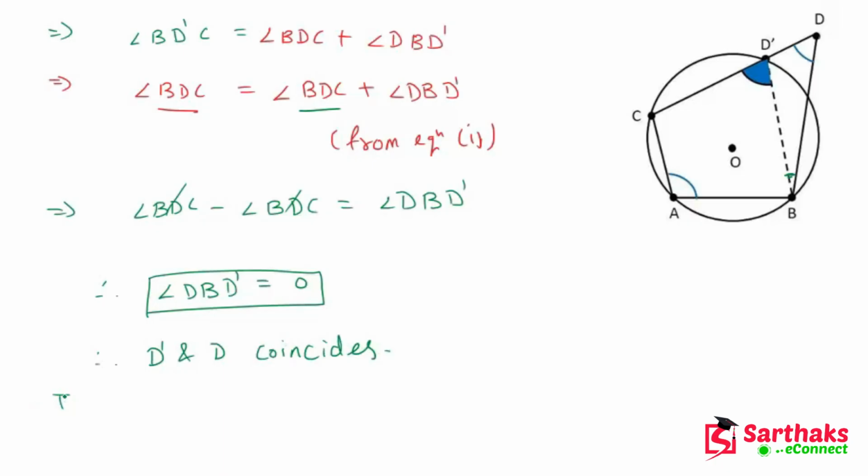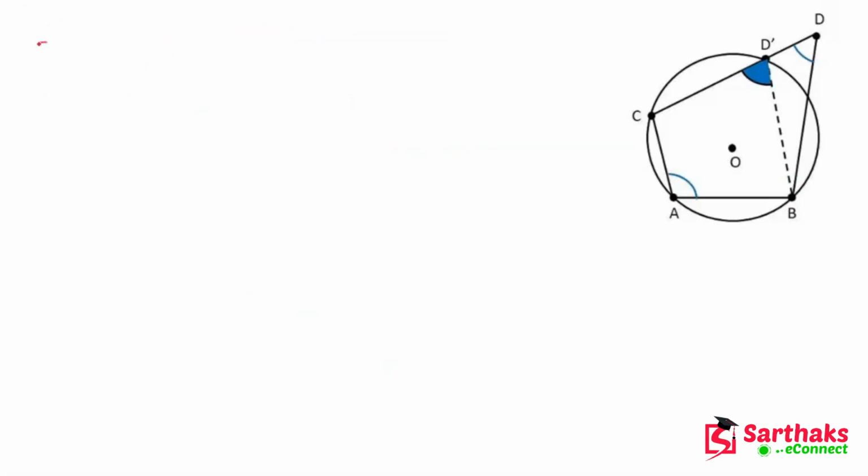Thus we can say our assumption was wrong. So point D lies on circle C1.